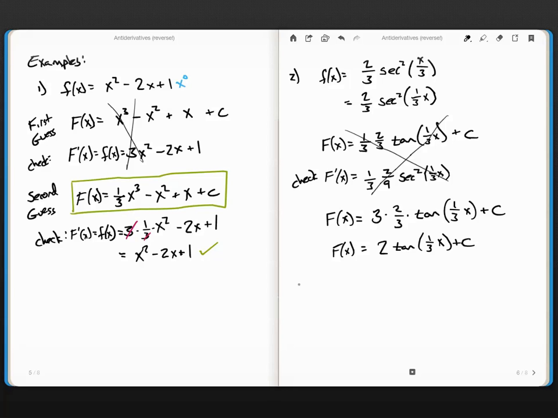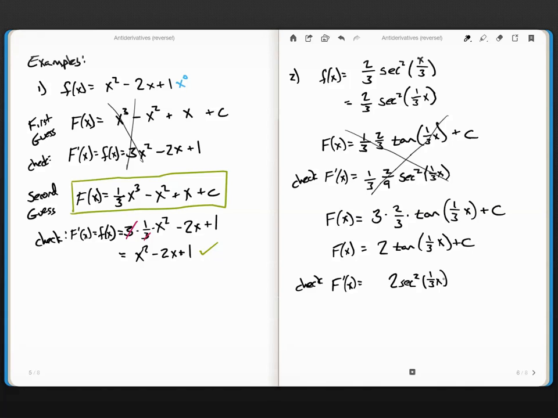Now I'm going to check this, and so f prime of x, which I'm hoping is the same as f of x, is 2 times the secant squared of 1/3 x.